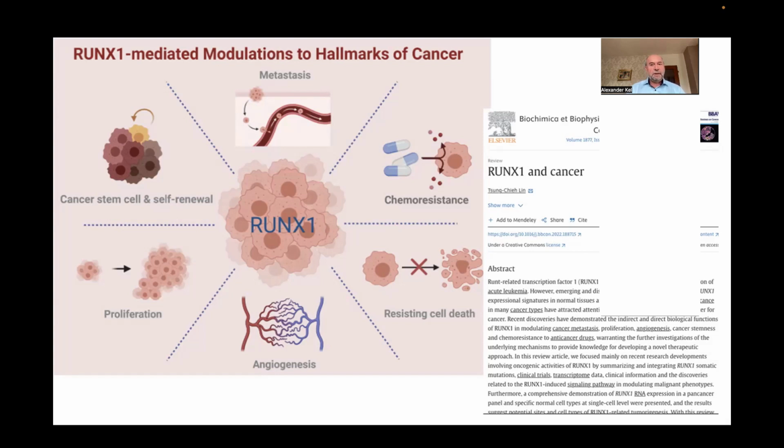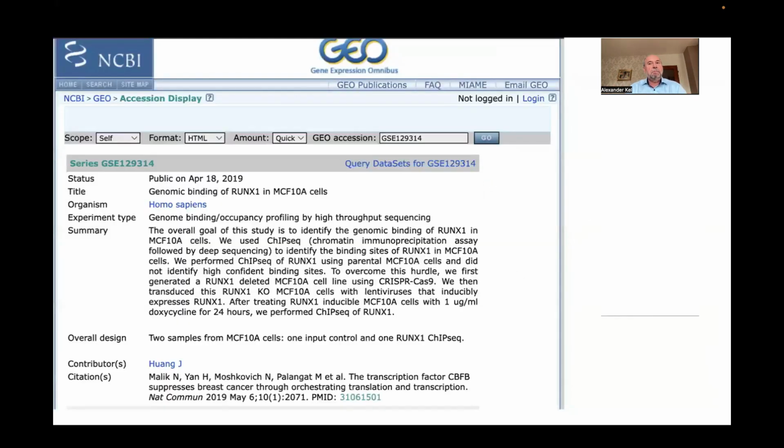The controversy is that sometimes you see that this gene is deleted, which leads to cancer. Sometimes you see that this gene is highly expressed, and that also leads to cancer, or to metastasis in that cancer. So it seems we should understand how this factor binds to DNA and how it works.